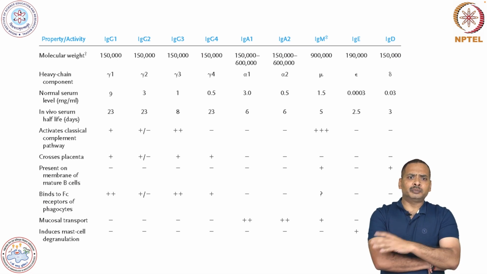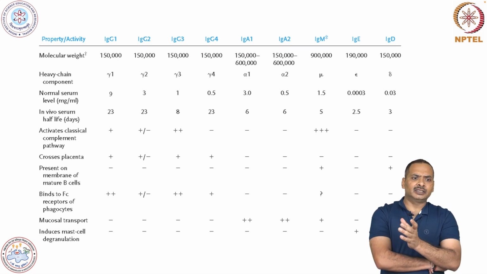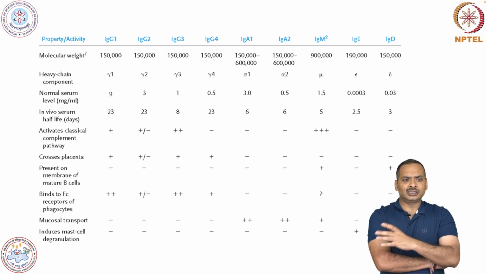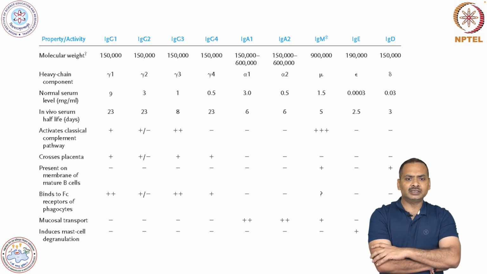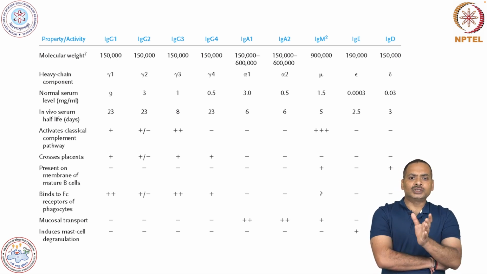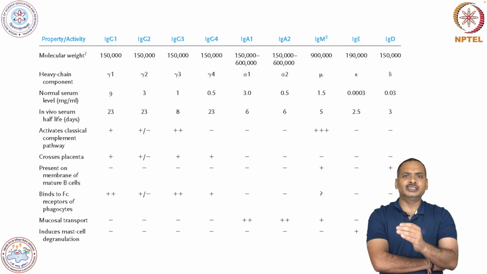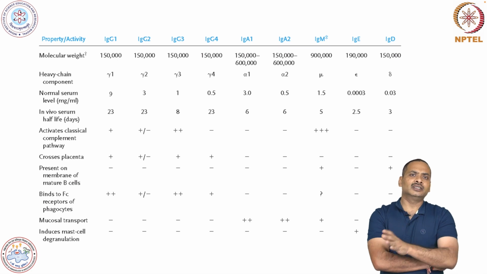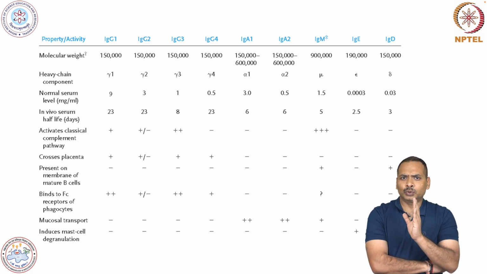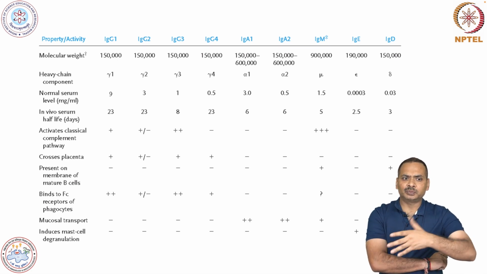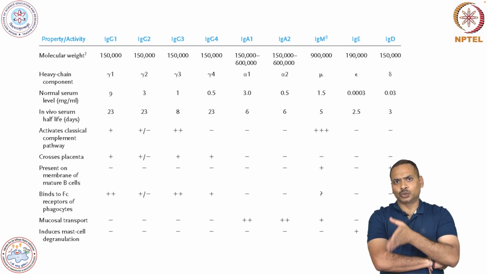Some of these, particularly IgG, can bind with the Fc receptor of phagocytes. And mucosal transportation mainly takes place for IgA. Here you can see that both subtypes of IgA can be transported in the mucosal area.